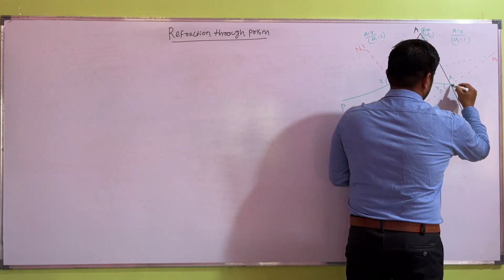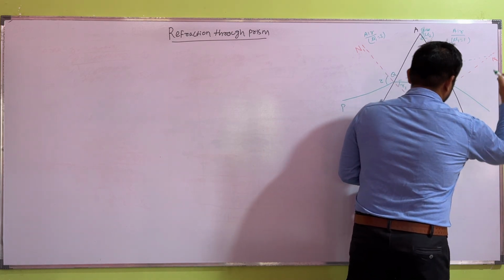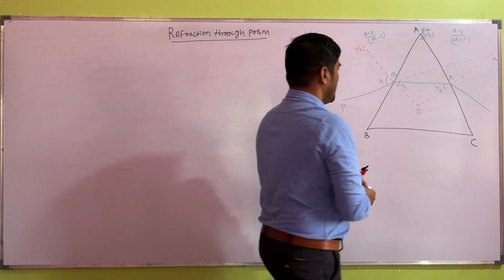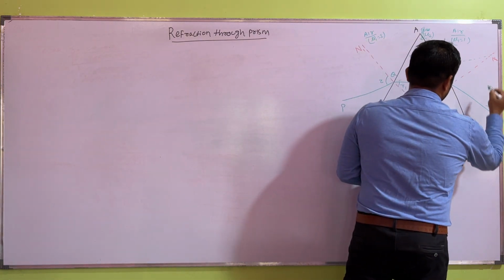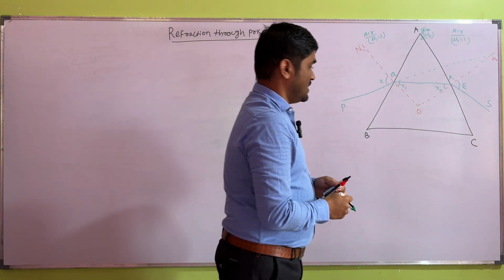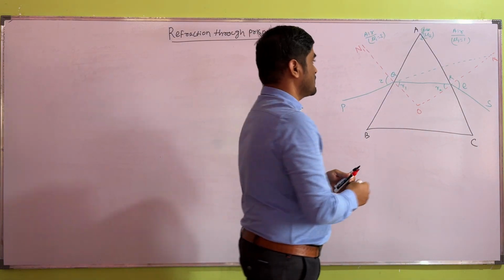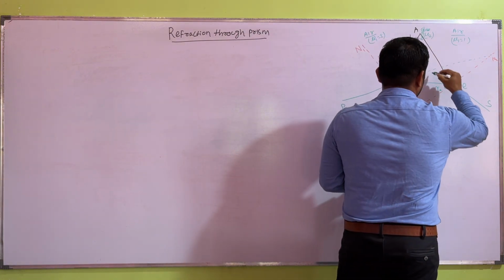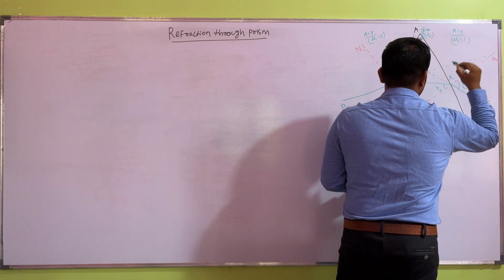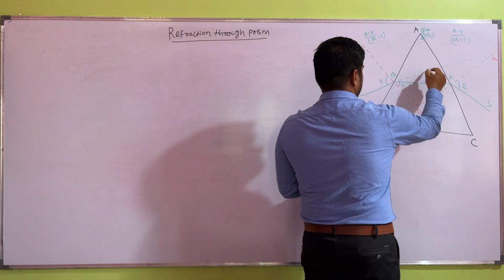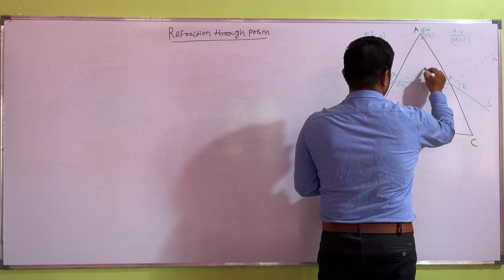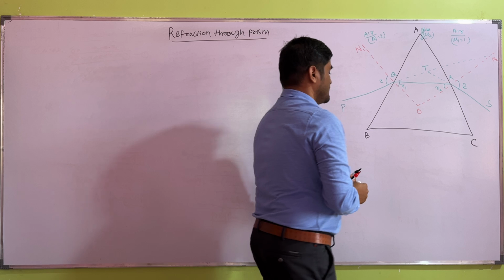So this will be the final ray, known as the emergent ray RS, and this angle is E, the angle of emergence. Clear? And when you extend the emergent ray in the backward direction, it will intersect the ray PQ at this point T.